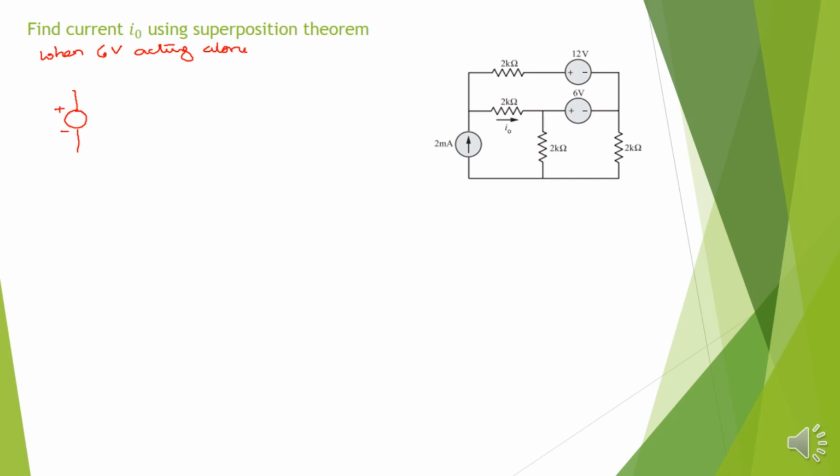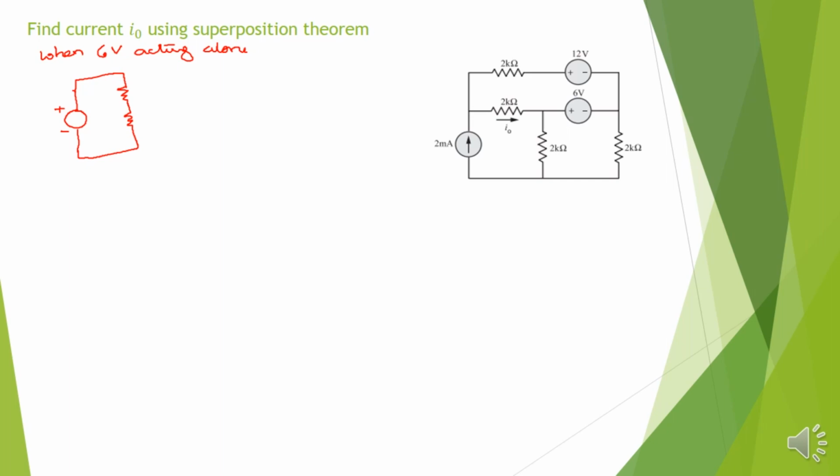Plus is connected to two branches, right? One is to 2 kilo ohms, and then 2 kilo ohms comes to negative. So it comes to 2 kilo ohms, 2 kilo ohms comes to negative on this point.